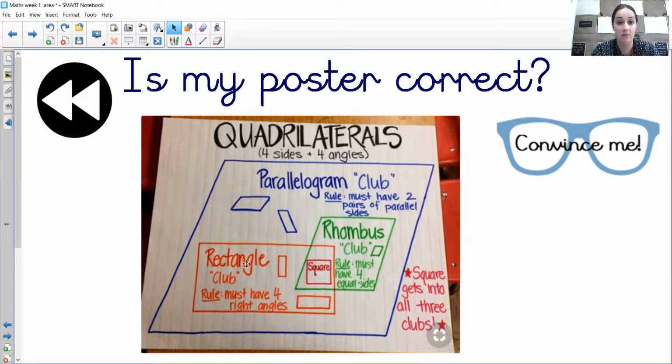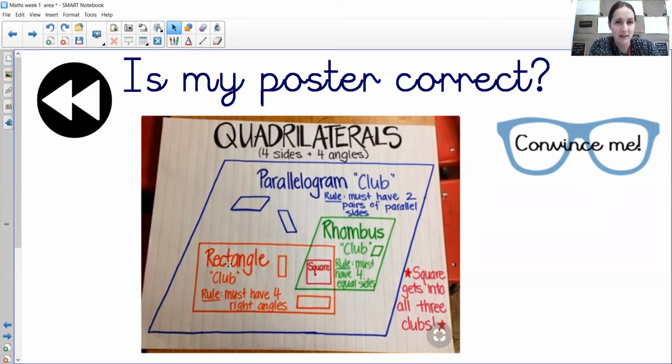And in the parallelogram club is also the rectangle club. And in the rectangle club, you must have 4 right angles. And in the rectangle club, there is also a square. And another type of parallelogram in the parallelogram club is also the rhombus, which must have 4 equal sides. And in that club is also a square.